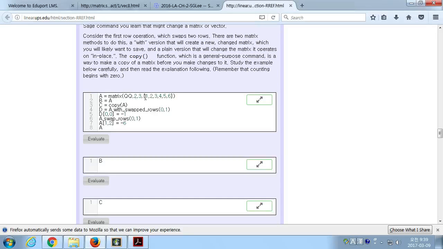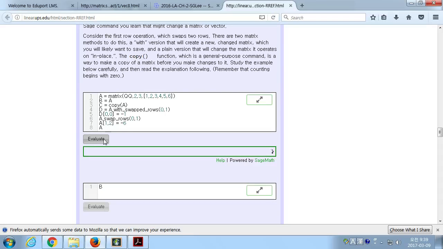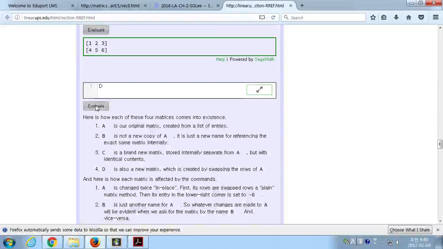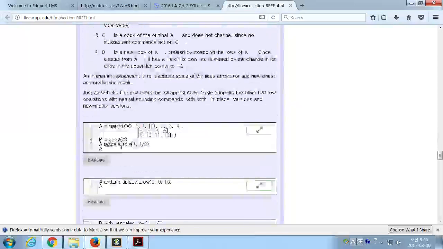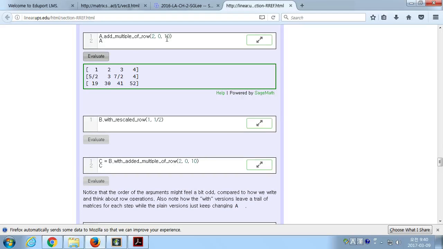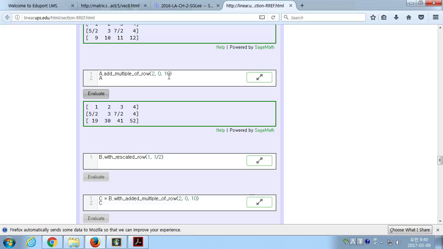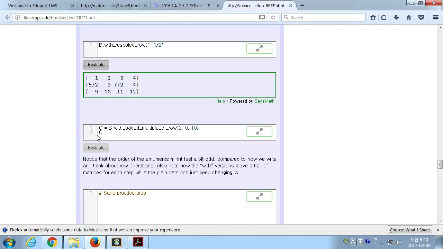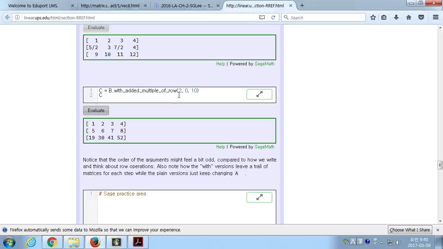So the matrix was defined, and then computation was done to find the REF form. Then you multiply the first row by 2 and add it to the second row, and then rescale it to make it 1, and then add a multiple of the first row and add it.